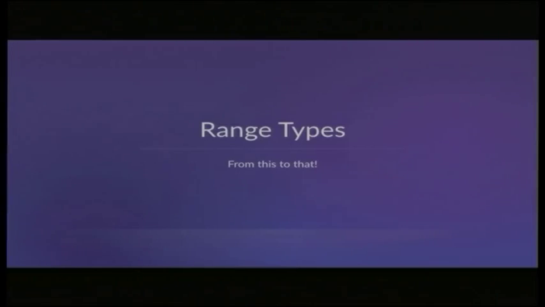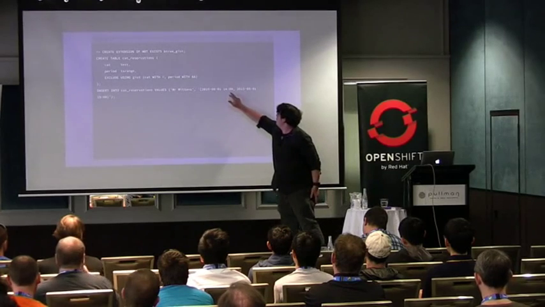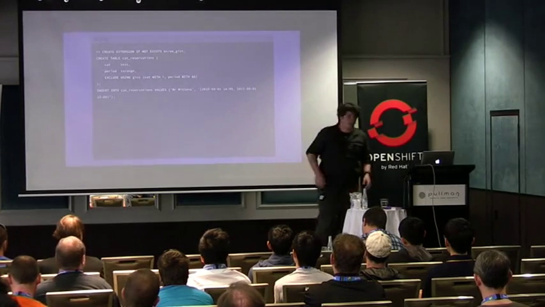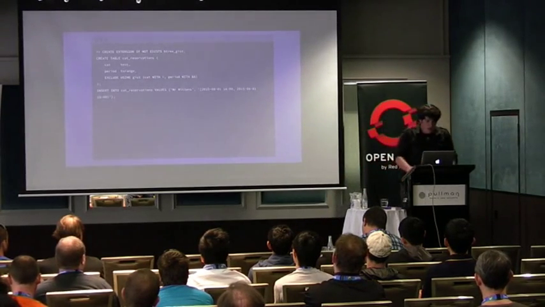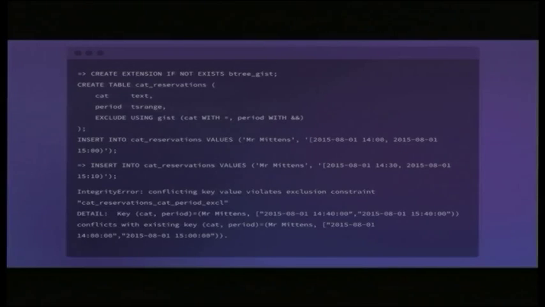One thing that was also kind of exciting is that Postgres has range types. Say we've got a table called cat_reservations, and you can reserve a cat for a period of time, probably for padding or such. You can see here I've reserved Mr. Mittens from 2 p.m. to 1500. If I save that and then I try and reserve again, I get a conflicting key value because there's an exclusion constraint.